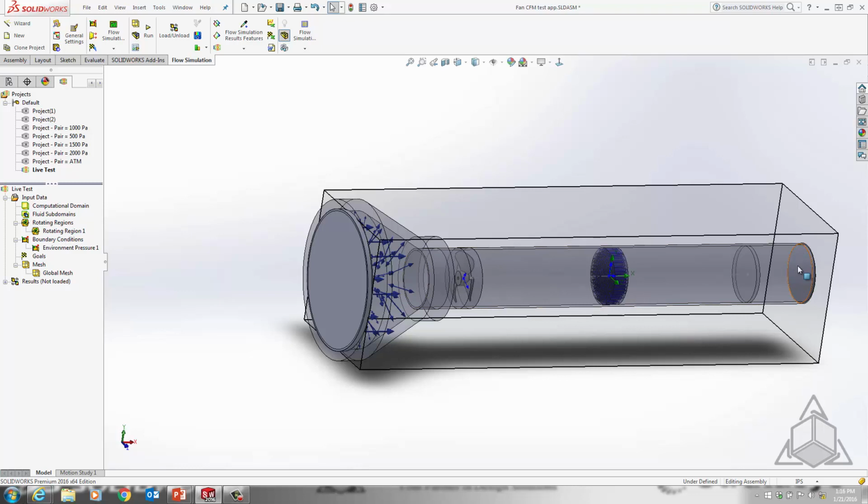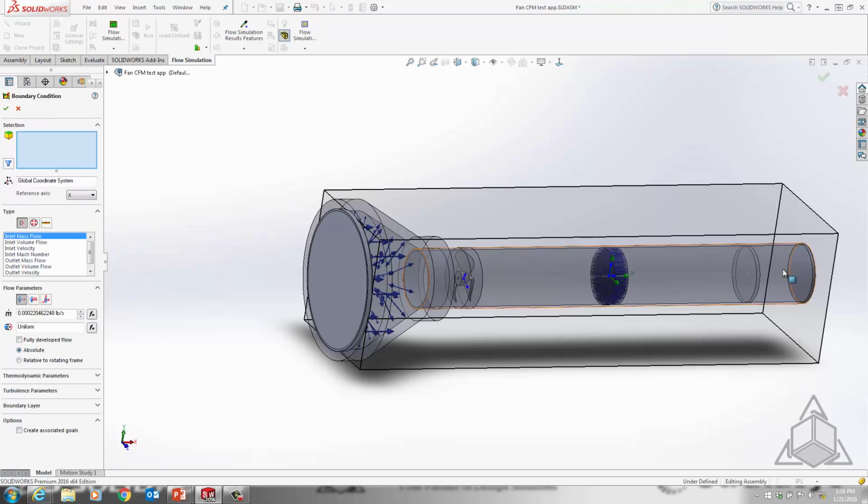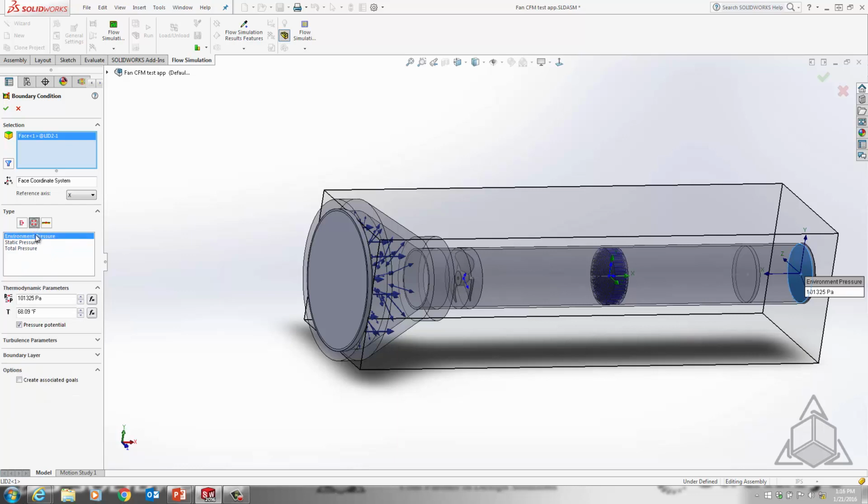The next thing I have is an outlet. So I'm going to say insert boundary condition, and I can select that face. Now, as I had mentioned earlier, if you just want air to blow right through from atmosphere to atmosphere, and you want to just see what the velocity is, then by all means you can come in here and say environment pressure and say okay.